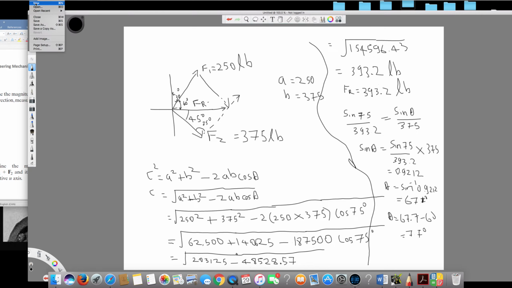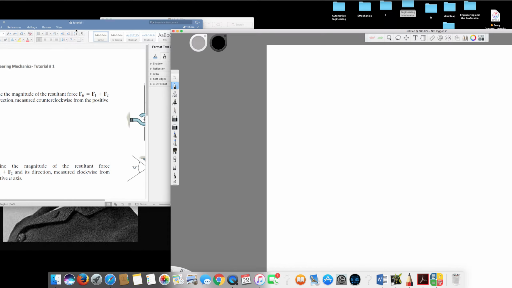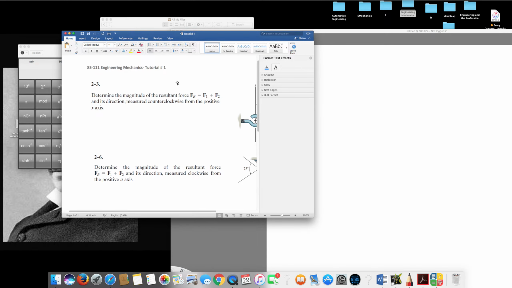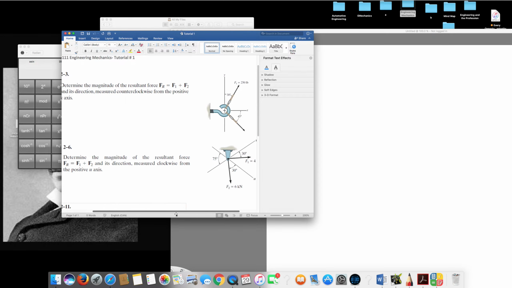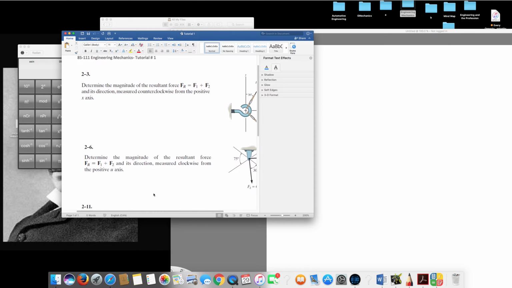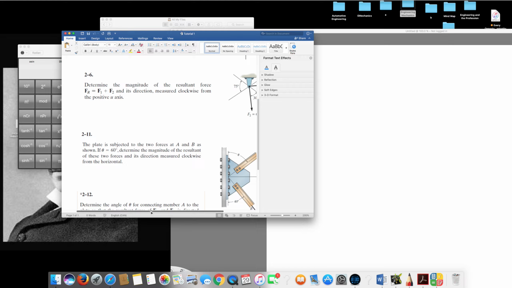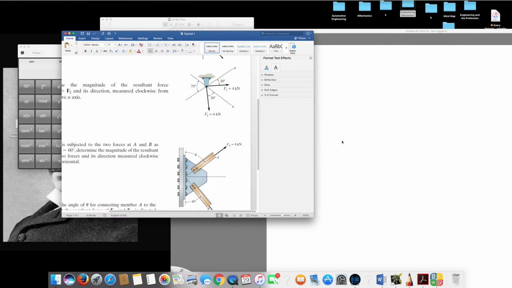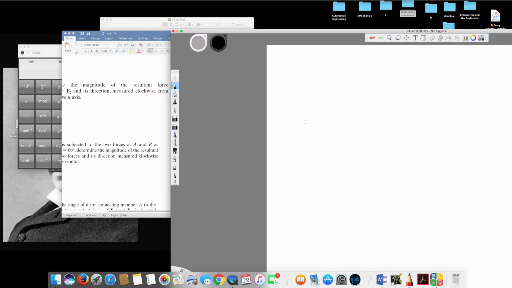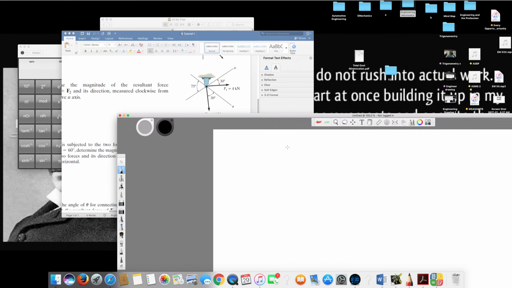So let's do the second question. The second question asks, determine the magnitude of the resultant force Fr, F1 plus F2, and its direction measured clockwise from the positive u axis. Let's do this. So here we go.